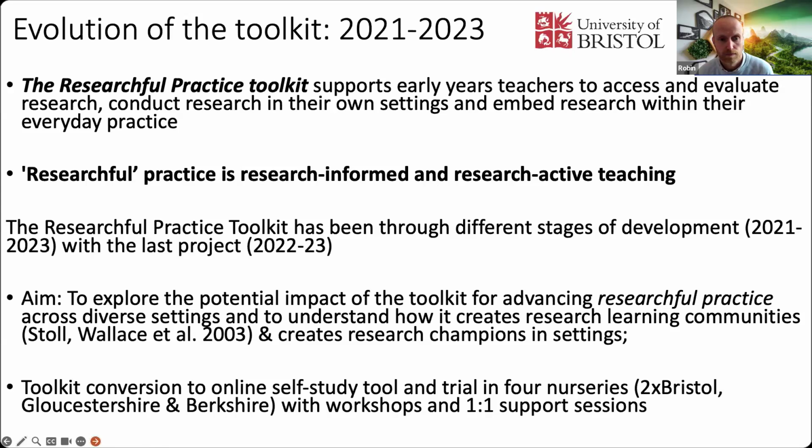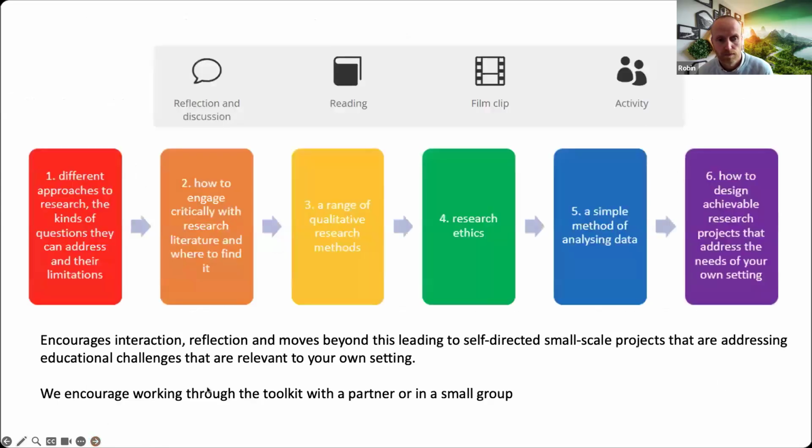So the toolkit itself is an online resource. It's a course made up of 6 topics. A user can work through those topics in a linear fashion. It's built with interactive functionality.